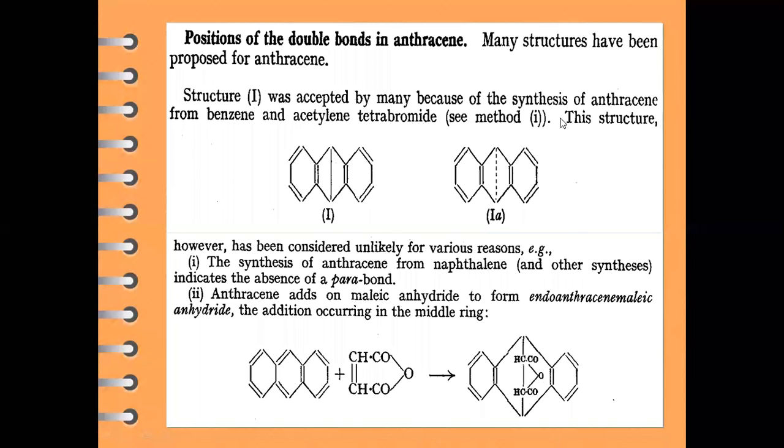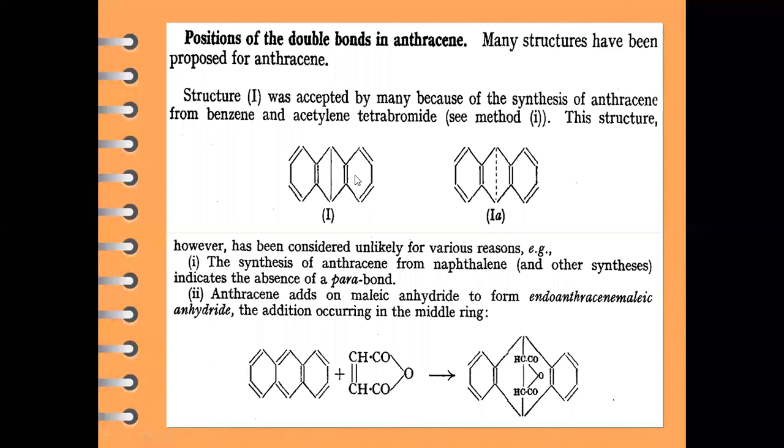So, to determine the position of double bond in the anthracene, many structures were proposed for the anthracene. Now, structure 1 is the more acceptable structure of anthracene because, like naphthalene, the lateral 2 benzene rings of this anthracene are stable benzene rings.